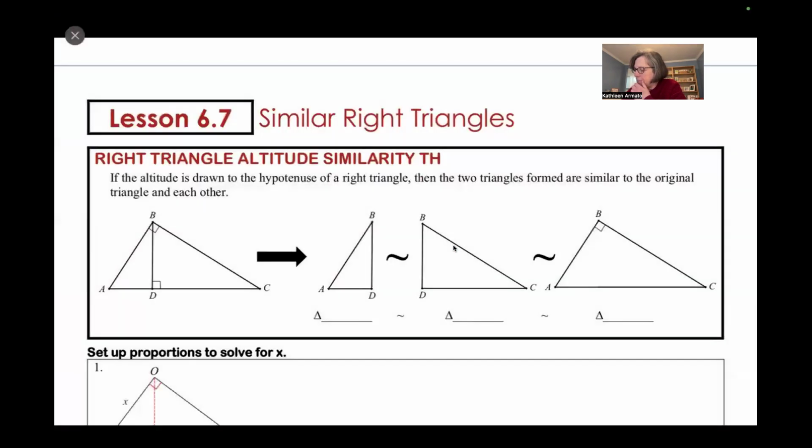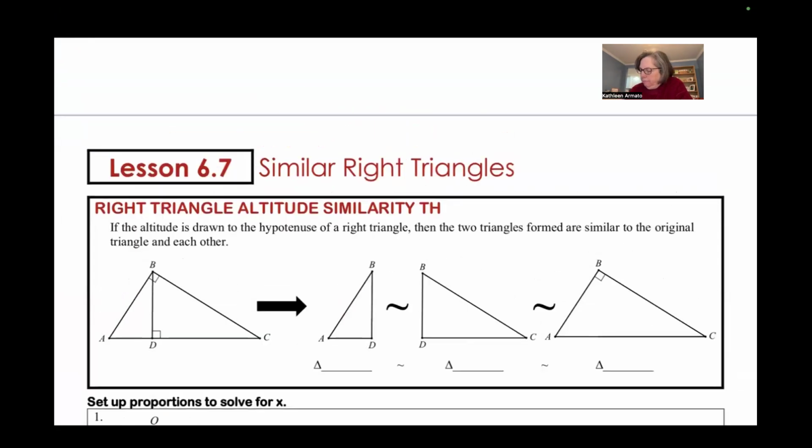There we go. Okay. So we're going to look at a specific situation, which does come up every now and then, and that is if you have a right triangle.